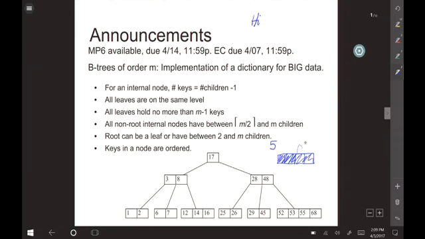So the actual number of keys is always going to be at least half of the size of the node itself. What this means is that every node is in a sense efficient. That is, it's holding at least a factor of a half as many keys as it possibly could.